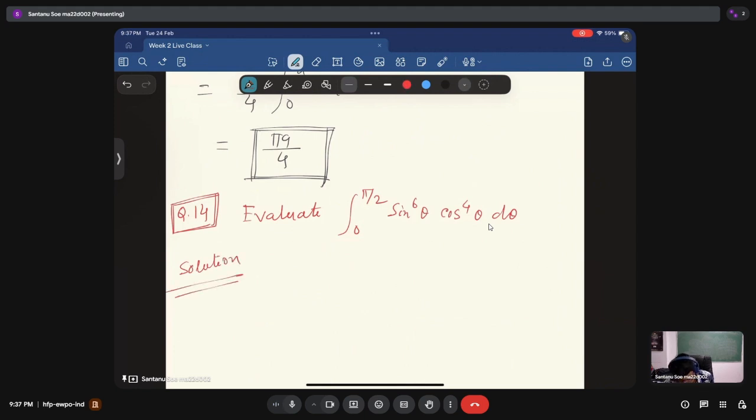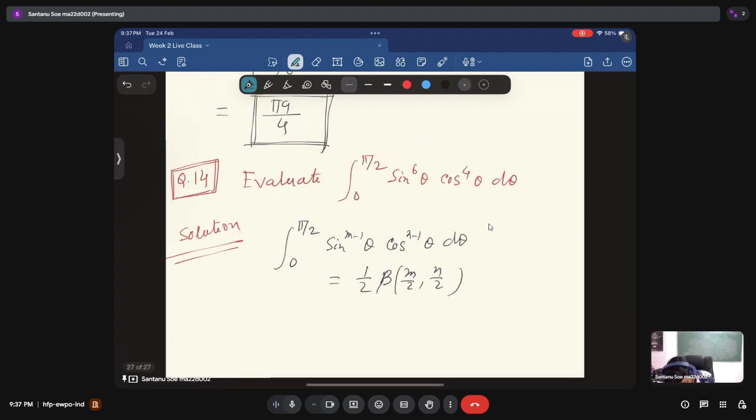Okay. So now one thing to notice is that integration 0 to pi by 2 sine to the power m minus 1 theta cos to the power n minus 1 theta d theta. This is same as beta function of m by 2 comma n by 2.